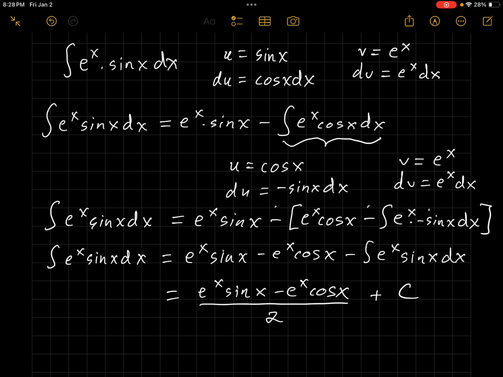So this is how we do it. Notice that on the left side, we have an integral, e to the x sine dx. And I have minus that exact same integral on the right side.